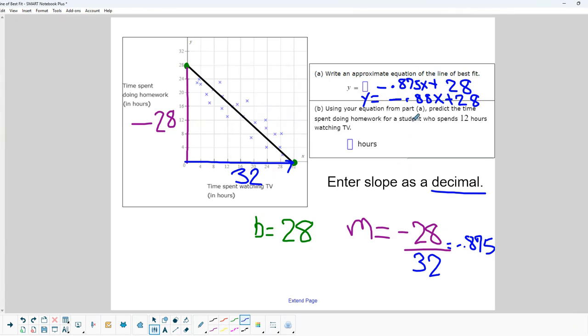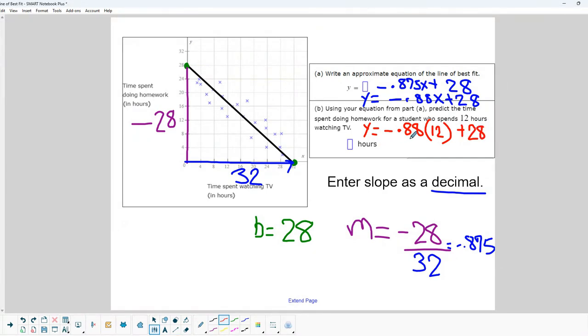Now we're going to find out, using this equation, either one of them, predict the time spent doing homework for a student who spends 12 hours watching TV. So I have to just plug 12 into one of those equations. So if I do that, I end up with y equals, and I'm going to go ahead and put it in the bottom equation because we rounded it to the nearest hundredth. So negative 0.88 times 12 plus 28.